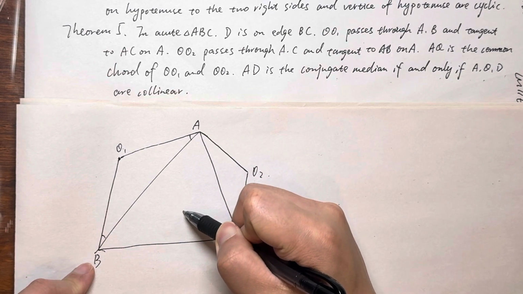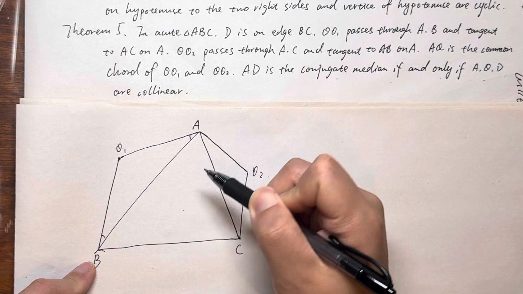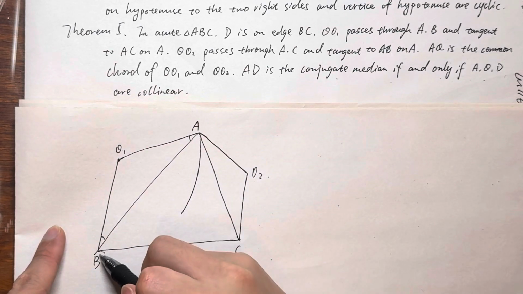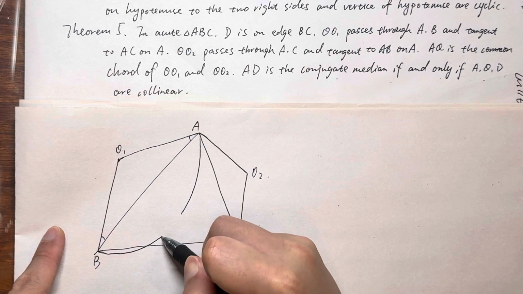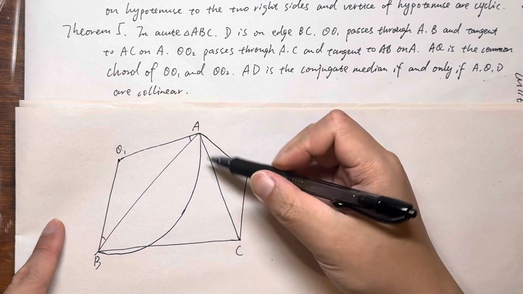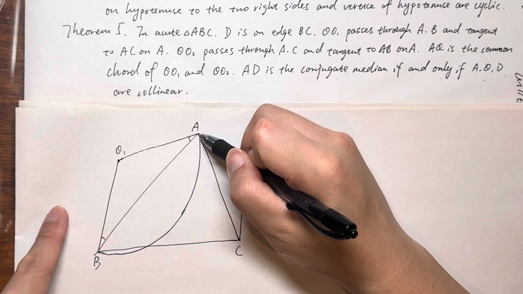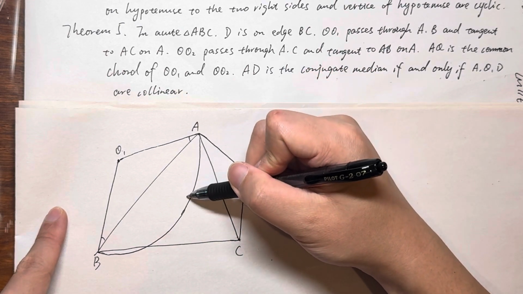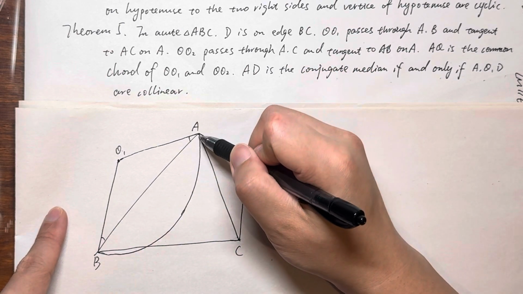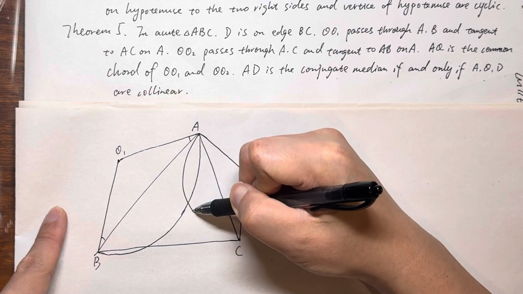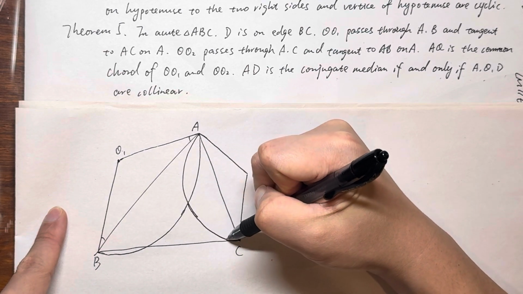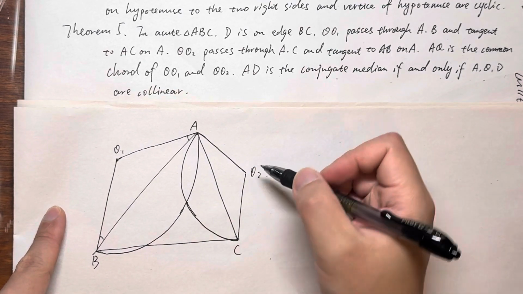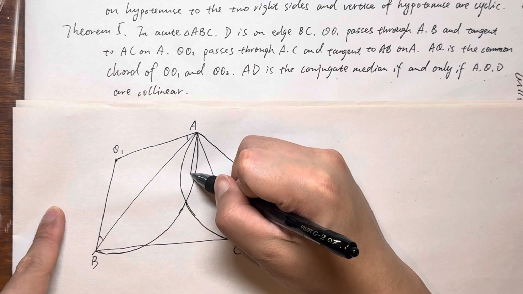So let me just draw this. Right, that's the circle O1, and roughly say it's about here, right? So that's circle O2, okay? And this is AQ.